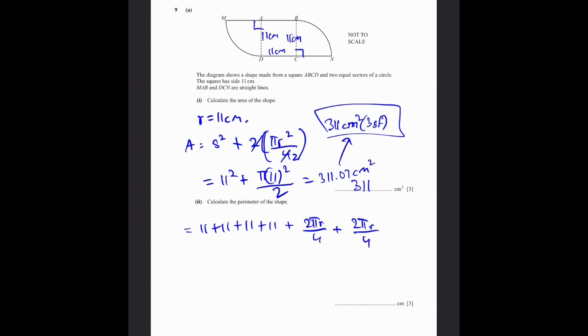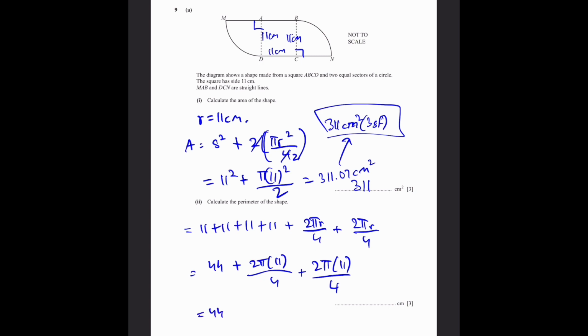And we can substitute the r's with 11s. So we'll get 44 plus 2 pi times 11 by 4 plus 2 pi times 11 by 4. Now, we add these up, we will get 4 pi times 11 by 4, and we can cancel the 4's to make it 11.